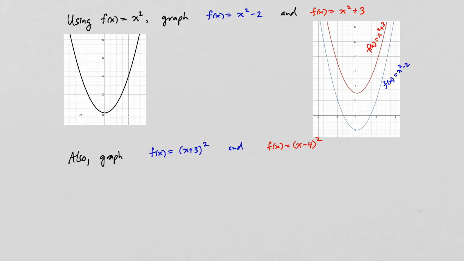Well, if adding or subtracting outside the function moves it up and down, then one might suspect that adding or subtracting on the inside of the function would move it left or right. And that is, in fact, the case. So what does your intuition tell you? (x + 3) is going to move it what? 3 units to the left or 3 units to the right? Let's bring in the graph.